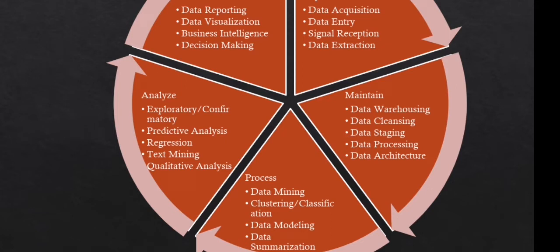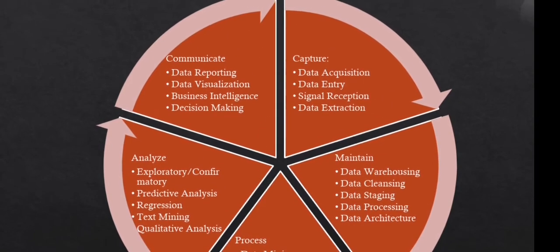Next is analyze: exploratory, confirmatory, predictive analysis, regression, text mining, and qualitative analysis. Here is where the real action takes place in the data science life cycle, because this stage involves performing various analyses on the data.